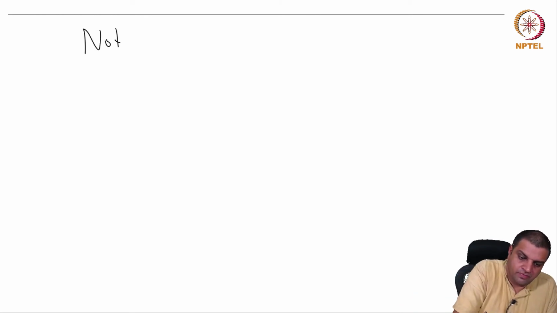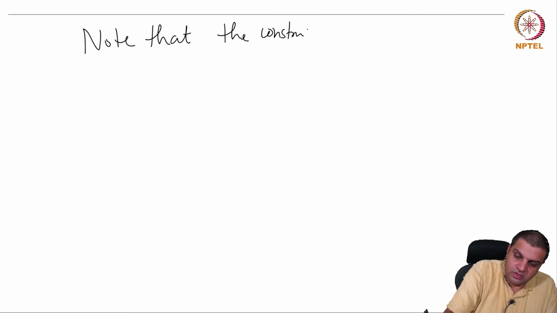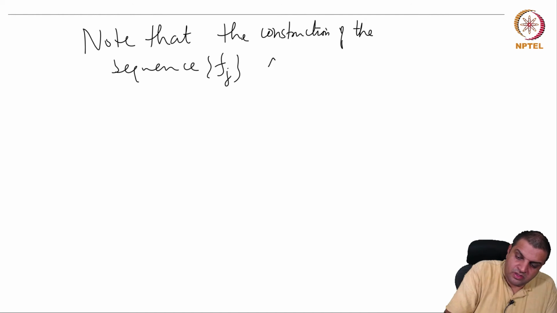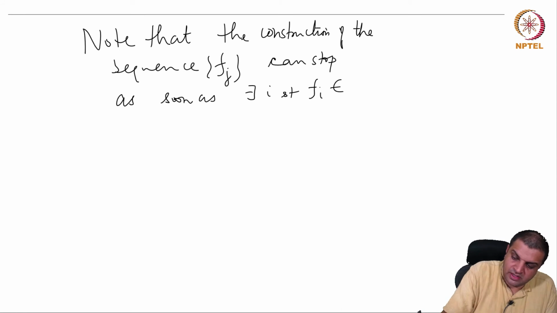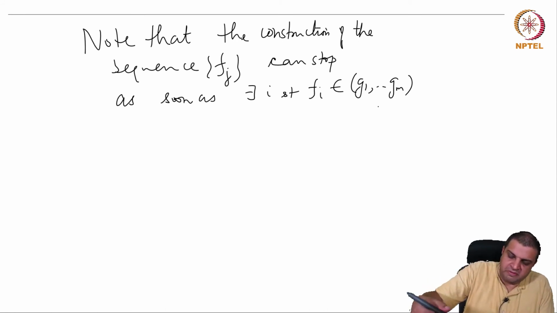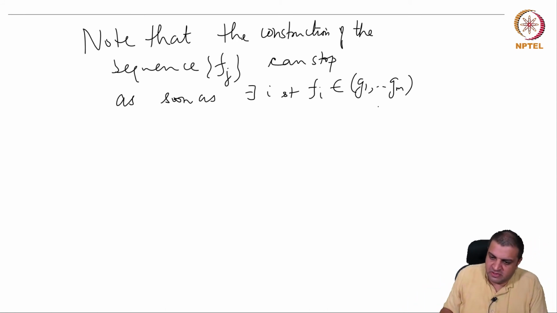Note that the construction of the sequence fj can stop as soon as there exists some i such that fi is inside the ideal generated by the G's, because then, as we explained how to go from f2 to f1, we can go backwards and prove that f is inside the ideal generated by these things.